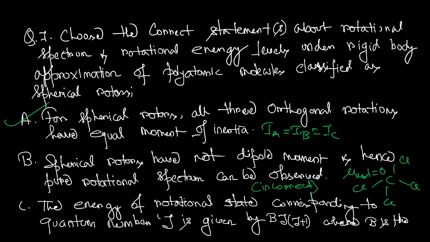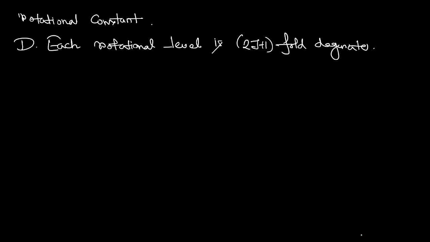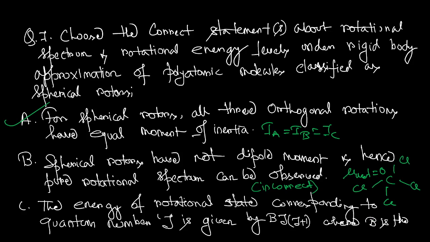Now the energy of a rotational state corresponding to quantum level J is given by BJ(J plus 1), where B is the rotational constant. So this is a correct one. Now, each rotational level has degeneracy 2J plus 1.